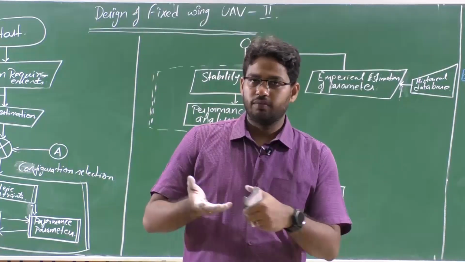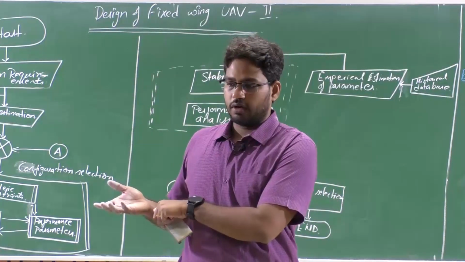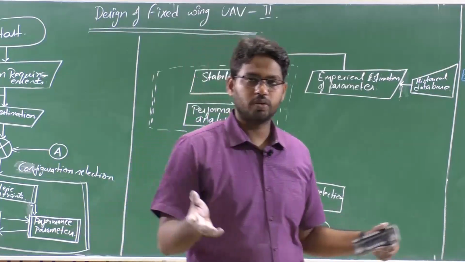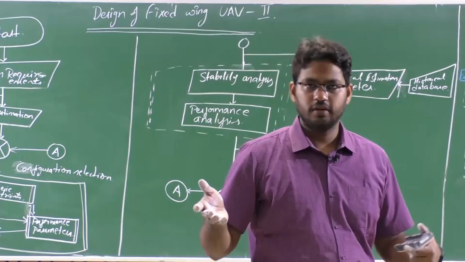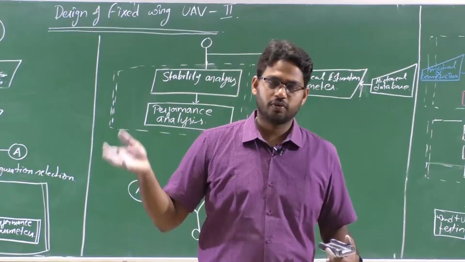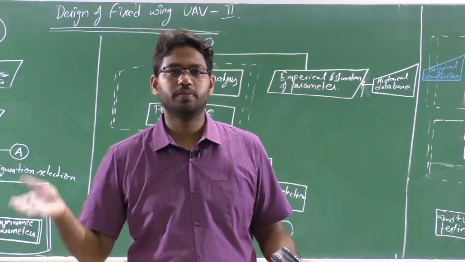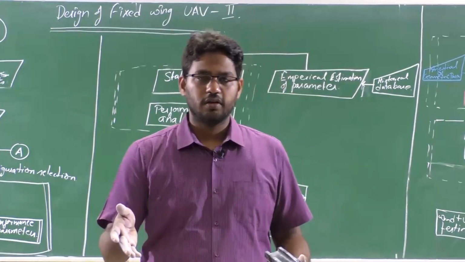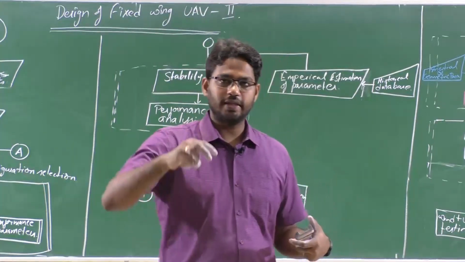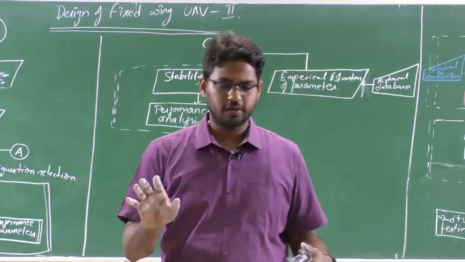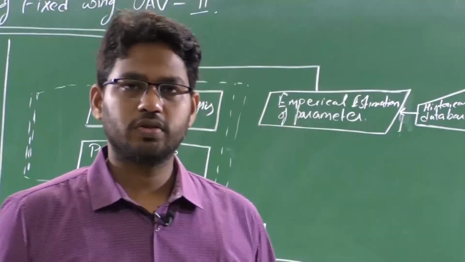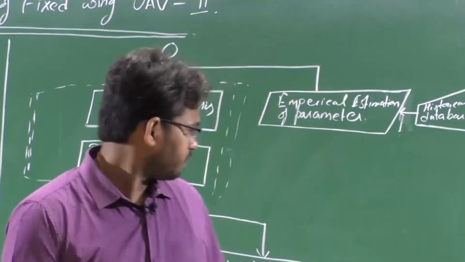We'll get airfoil selection, geometry, and all the geometric parameters, say root chord, tip chord, and the reference area. All these things as an output, including what should be the CL alpha of the entire aircraft, what should be the CL naught of the UAV, and also what should be the two-dimensional CL naught and CL alpha. We'll get that as an output, and we'll be concentrating only on lower subsonic speeds. So that particular algorithm will correspond to lower subsonic speeds.